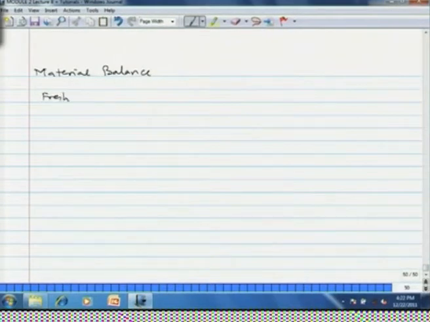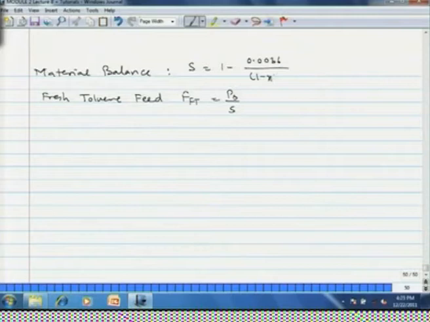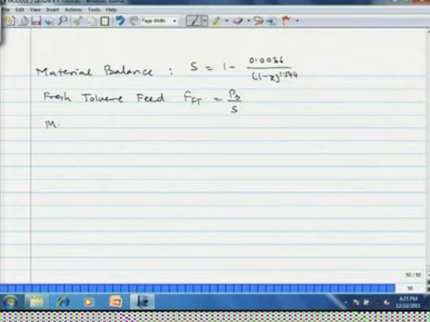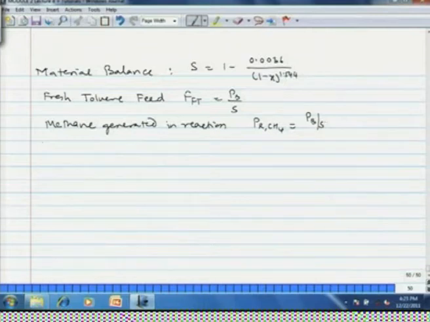The fresh toluene feed, which we denote as FFT, will be equal to PB by S, where S is selectivity, which we have been given as 1 minus 0.0036 divided by (1 minus x) raised to 1.544. Then methane generated in reaction, that we note as PrCH4, is also the same as PB by S due to stoichiometry.